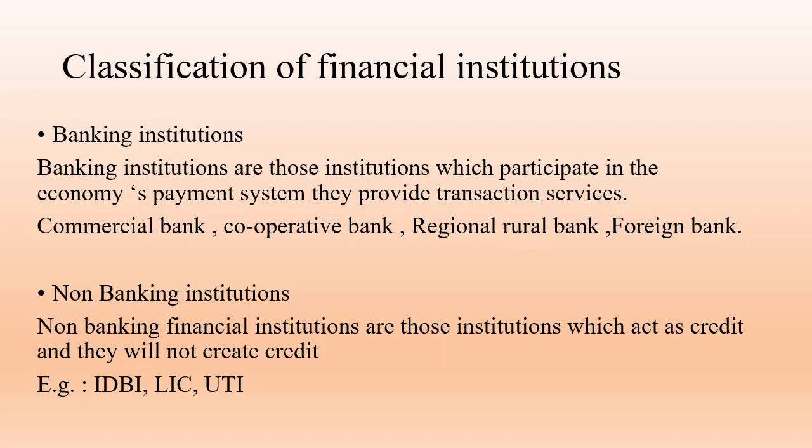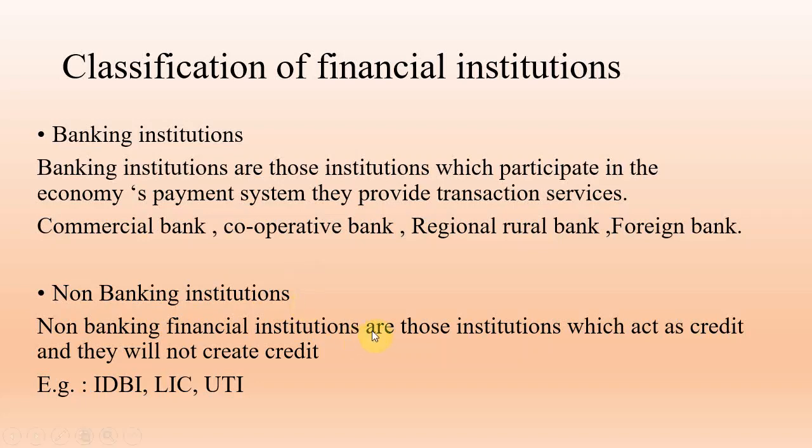Then foreign banks, that is Citibank and Bank of America. These banks have their headquarters in foreign countries and have branches in our country, same like MNCs, but MNCs are companies. These are the financial institutions.